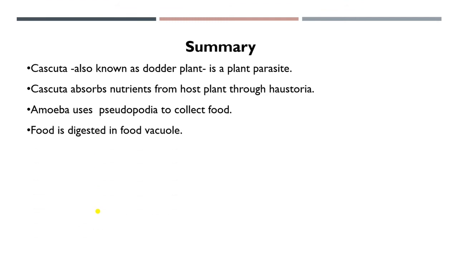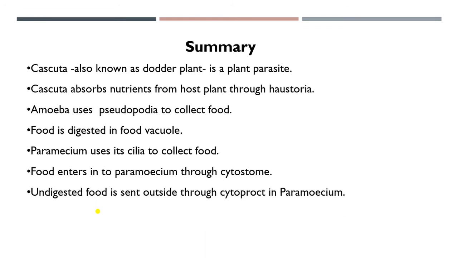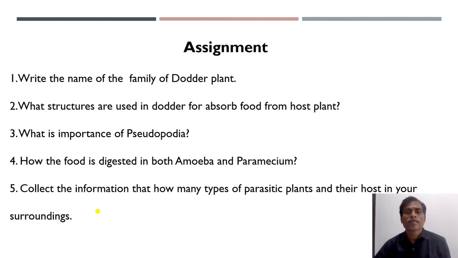Paramecium uses cilia for collection of food substances. In amoeba and paramecium, the food is digested inside the cell. That is called intracellular digestion. Food enters the paramecium through the cytostome. Undigested food is sent outside through the cytoproct in Paramecium.